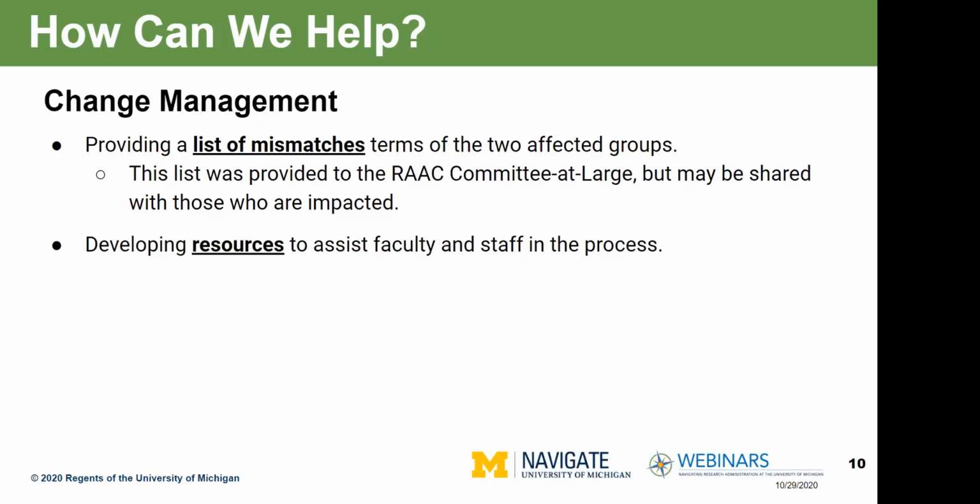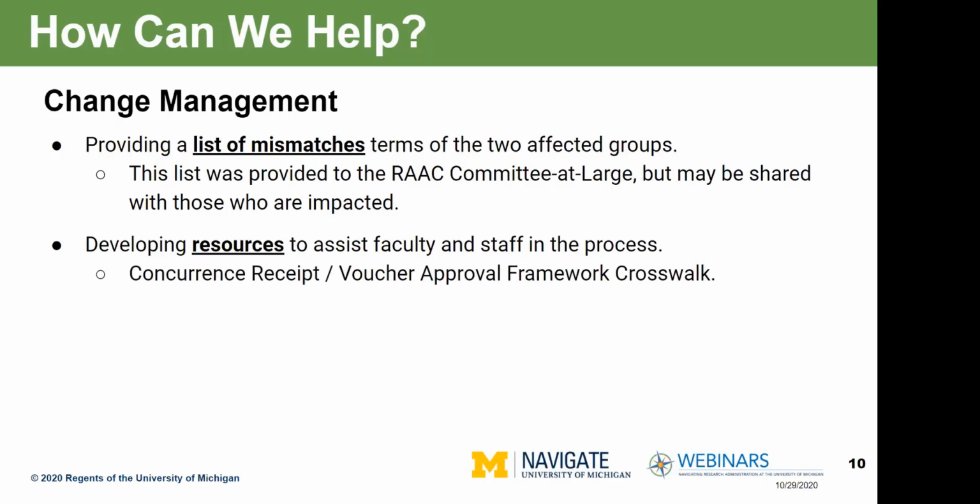We're also developing resources to assist faculty and staff in this process. One of those items is a crosswalk document, which will take all of the fields currently shown on the concurrence receipt and indicate where those fields may be found in the voucher approval framework within mPathways.